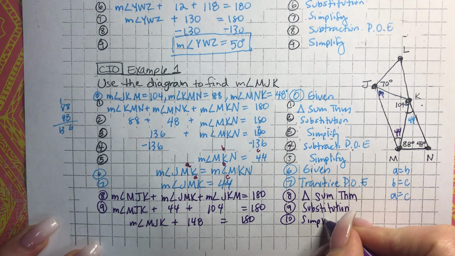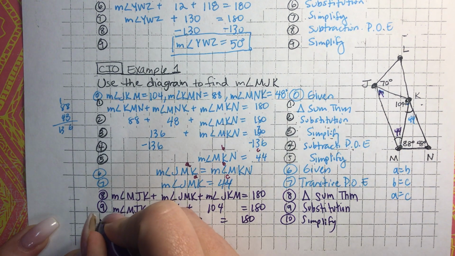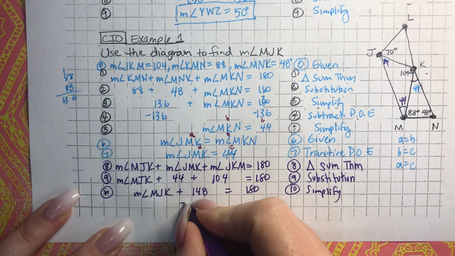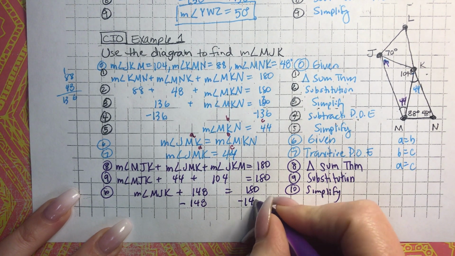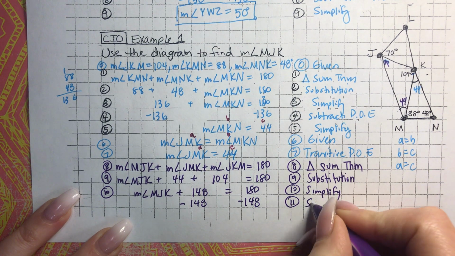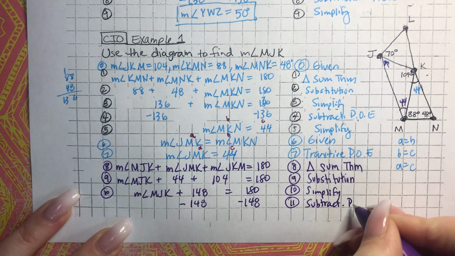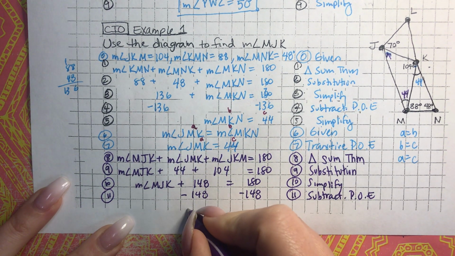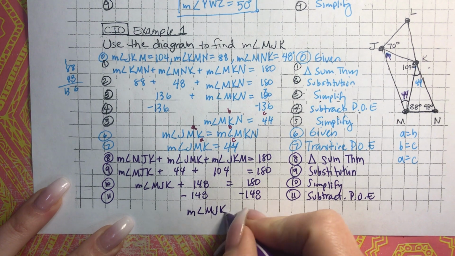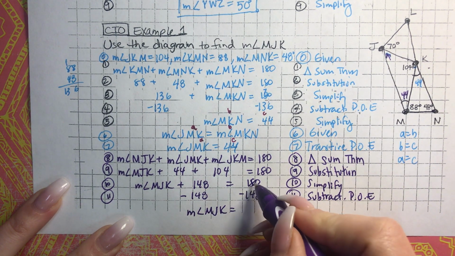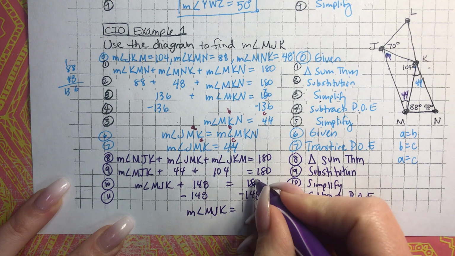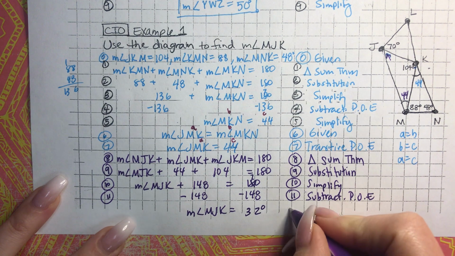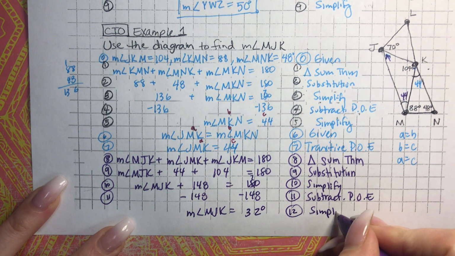Simplify. And then we just need to isolate, so subtraction property of equality. And finally, our answer, which is 32 degrees. Simplify.